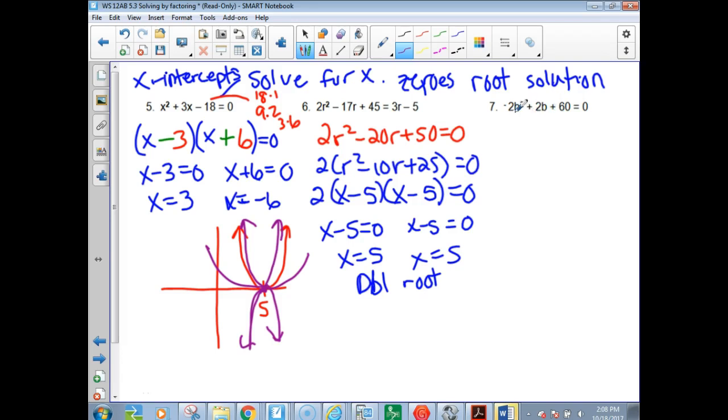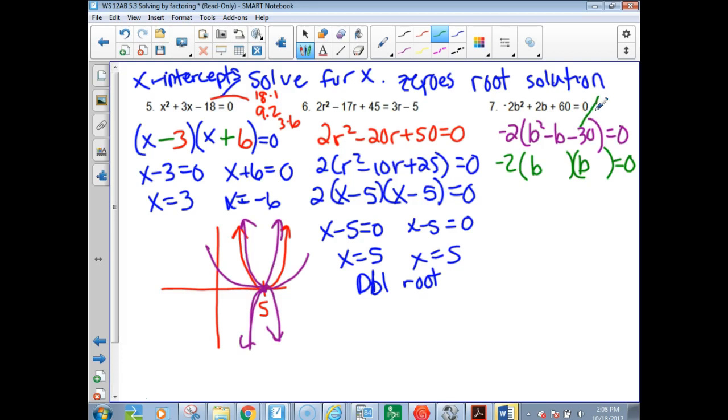All right, let's factor out on this one a negative 2. So we'll have b squared minus b minus 30. Okay. Next, we'll need to factor. I already factored out the negative 2. Factors of 30, I'm going to go with two numbers I think about all the time when I think of 30 as a product.